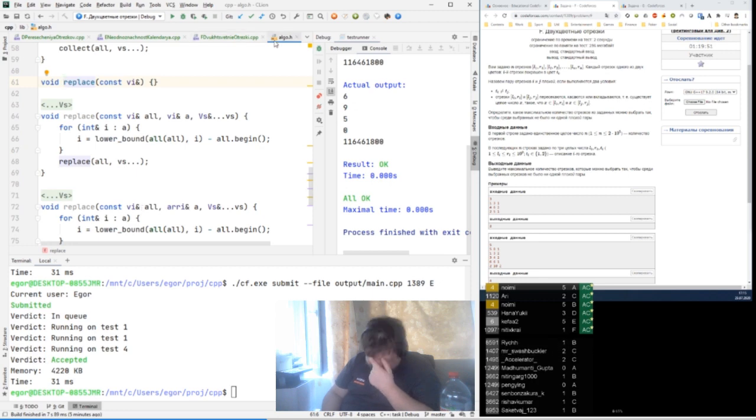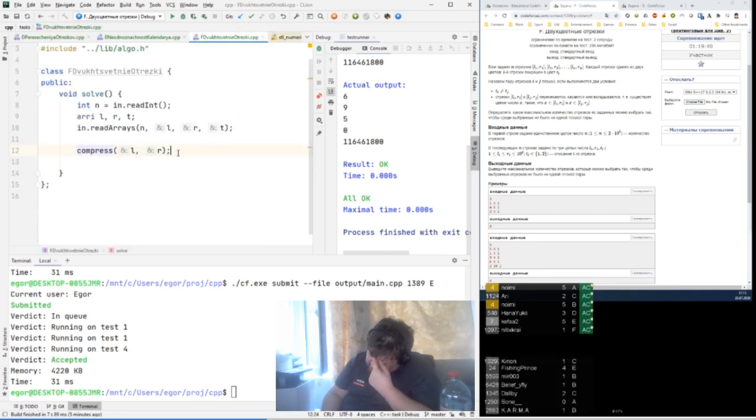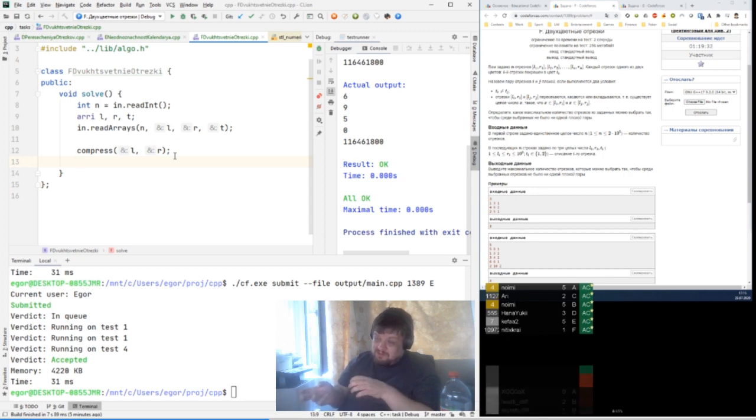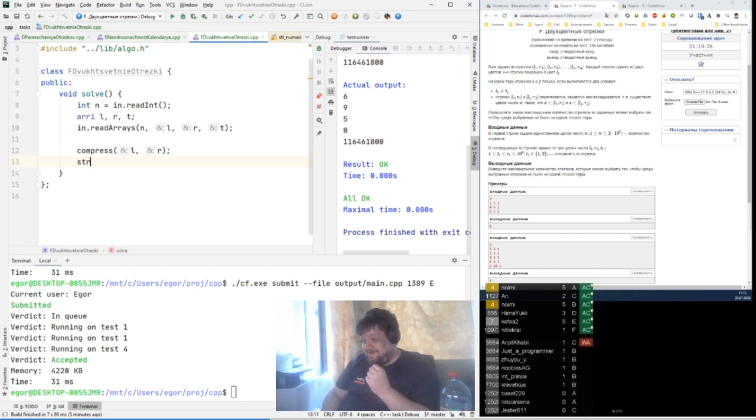First, I tried some kind of weird solution without segment trees, but I don't think it's possible to solve it that way. Because basically I tried to add, and sometimes I would add something to the answer that I shouldn't add to.